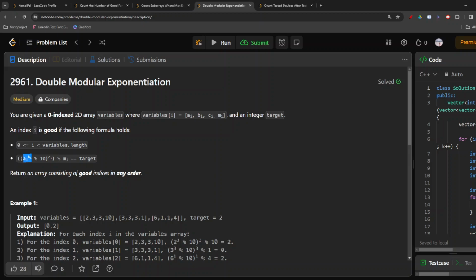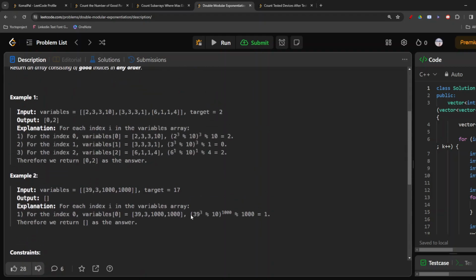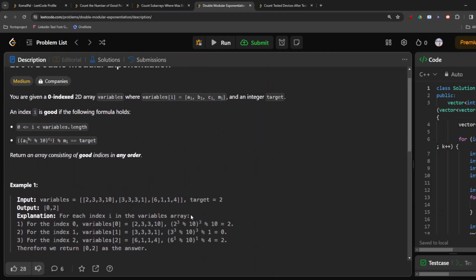When we directly put it into this formula and perform it, it can give us either a runtime error or even wrong answers. Both are possible. So we are required to split that formula and then code the same, and that is all we are required to do in this particular question.